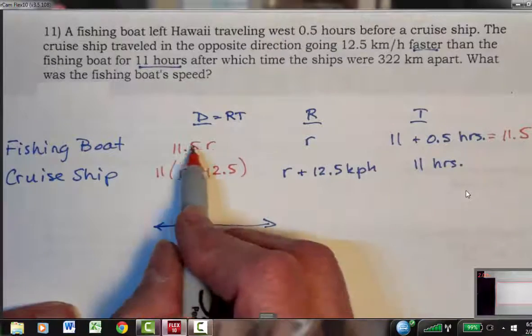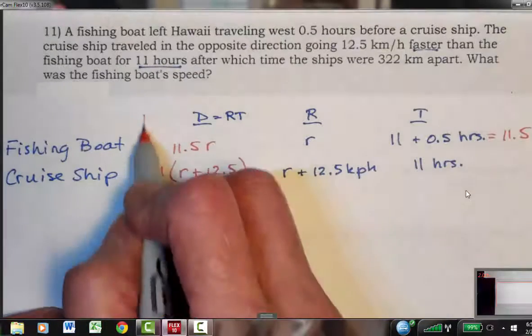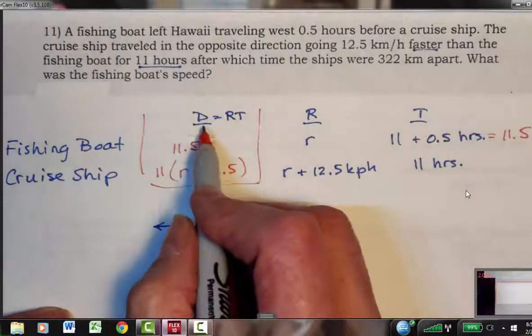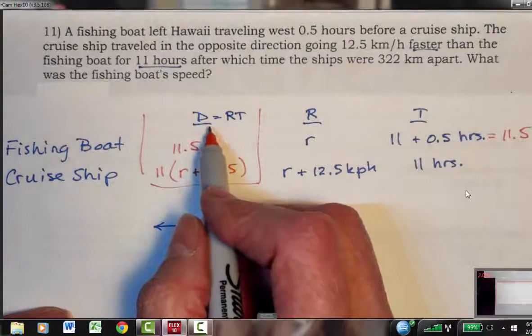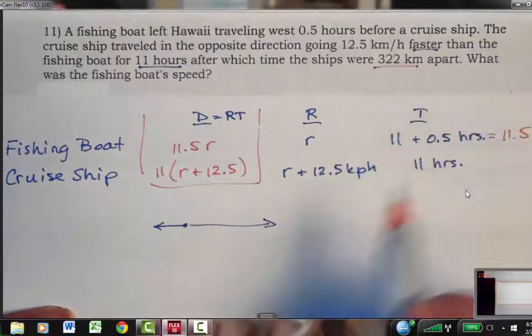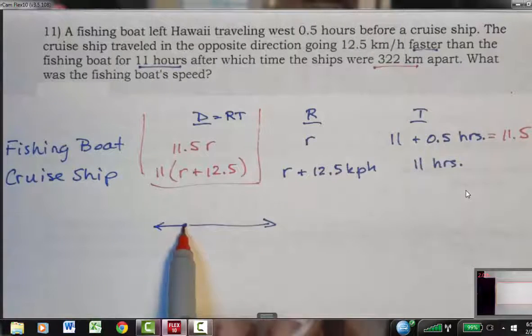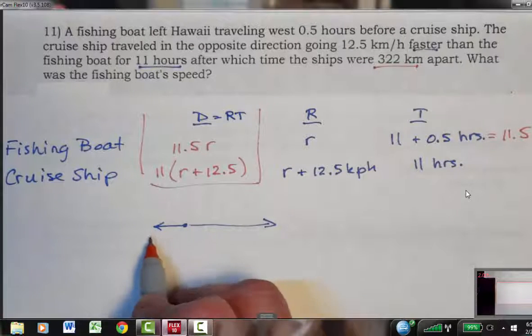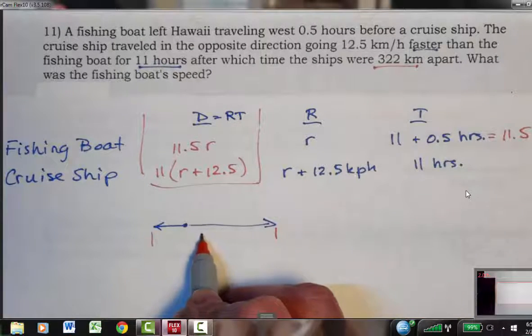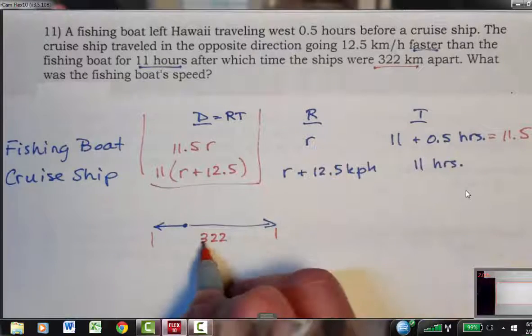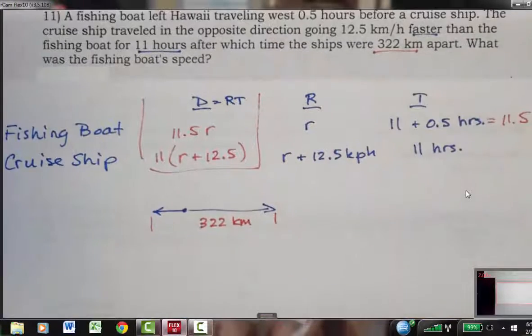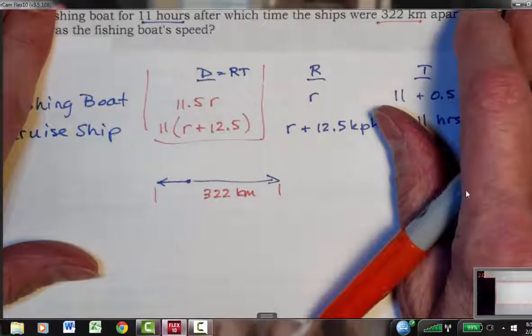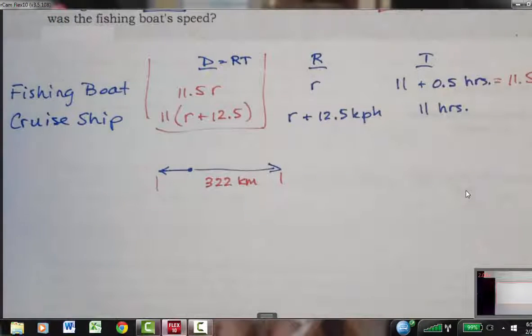Then I use this column to find my distance, and that's where we're going to use the 322 kilometers. If they start at the same point and go in opposite directions, what is the fishing boat's speed when they are 322 kilometers apart? So I'm going to go ahead and set up my equation now, and I'm going to use my D column.